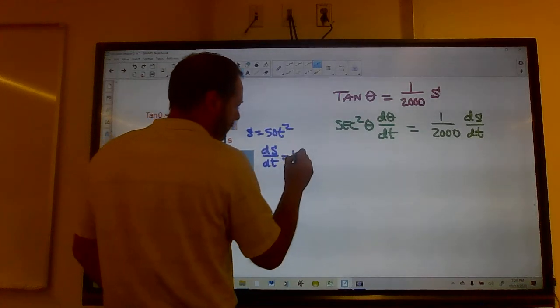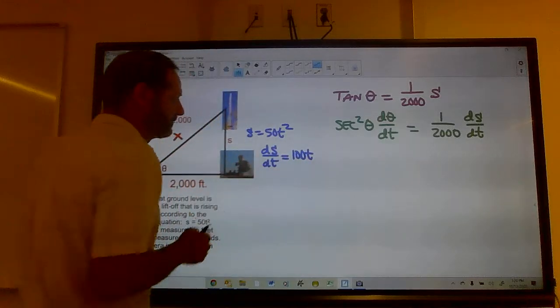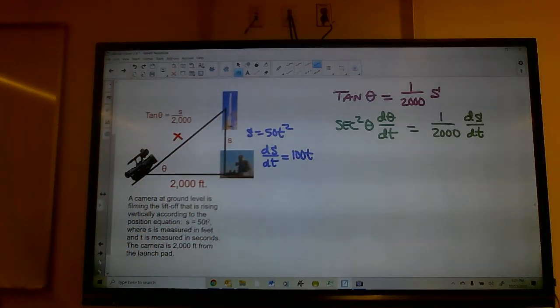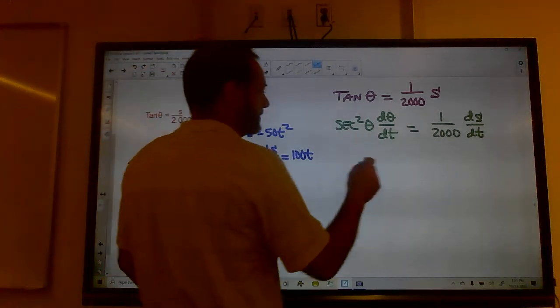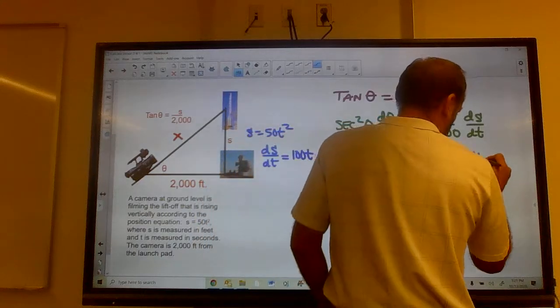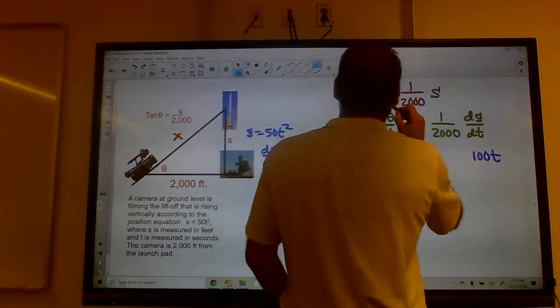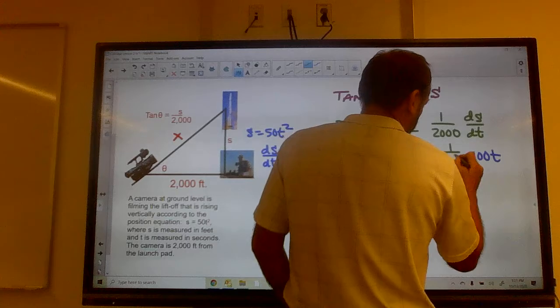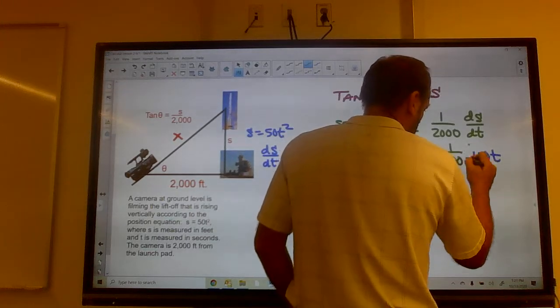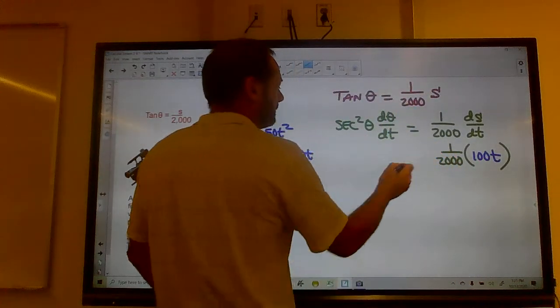That's going to be 100t. That's just the derivative of s with respect to t. So I can go ahead and plug this in here. So this is going to be 100t. This is a constant, so it's going to stay 1 over 2,000.